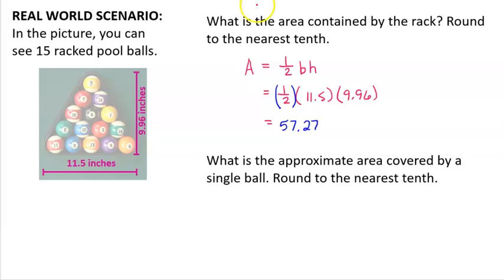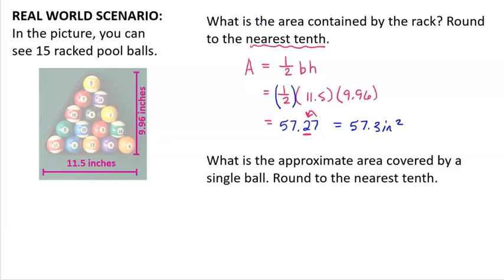And then if we are rounding to the nearest tenth, we want 1 decimal place behind. That 7 is going to round that 2 up, and we're going to end up with 57.3 inches squared, because we're talking about area.